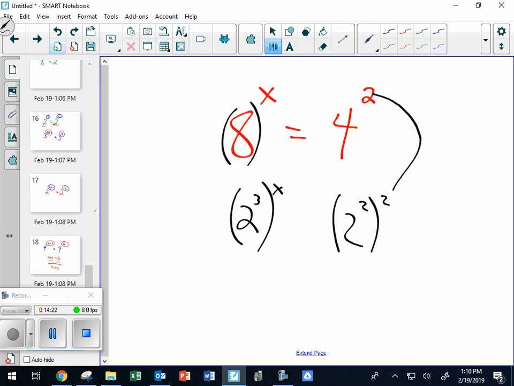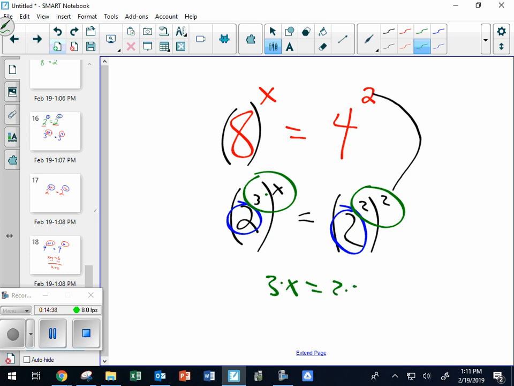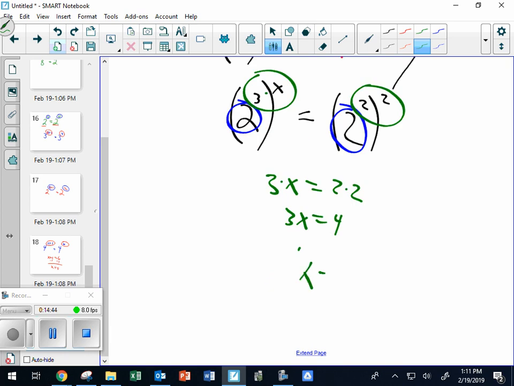So all I did is substitutions, and magically, I've got the same base here. Which means that must equal that. So 3x, this is times, right? 3 times x is equal to 2 times 2. So 3x equals 4. So x equals 4/3.